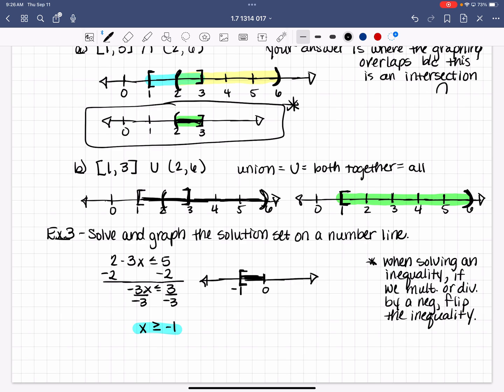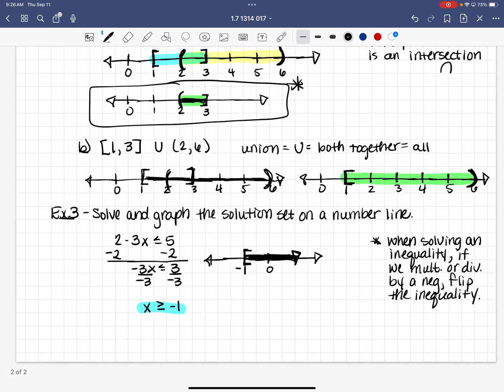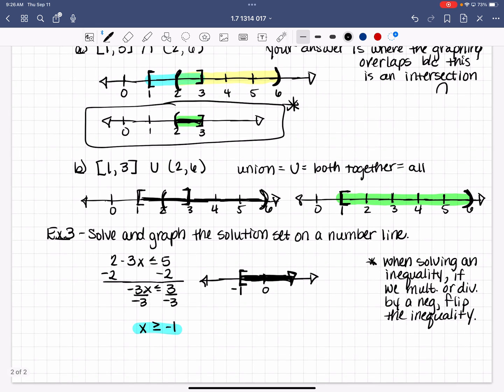And this is where your teacher's voice of, the inequality tells you which direction to shade, is correct, as long as x is on the left. For most of your purposes in high school, you always got that letter on the left. Variable to the left, variable to the left, to the extent that sometimes you think you're wrong if it lives on the right-hand side. You're not wrong. It can live on the right-hand side. Okay, that's your answer. We good?